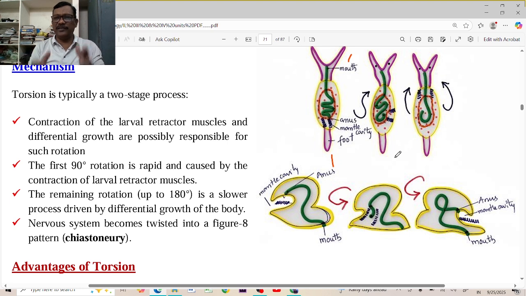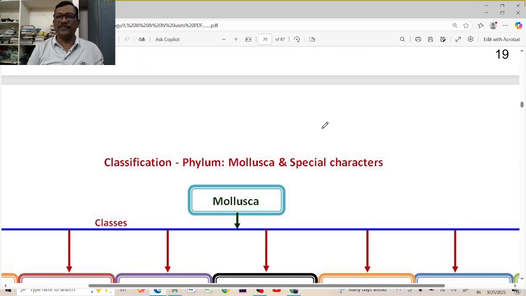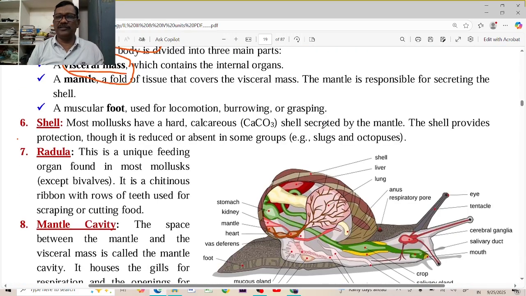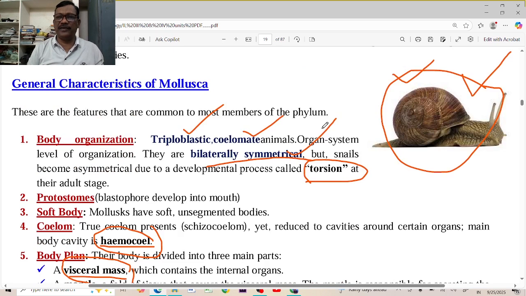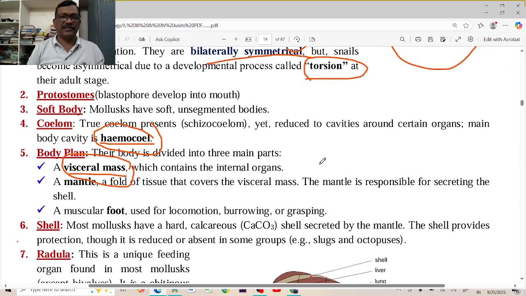The larva shows bilateral symmetry, but after some time, during the larval stage only, during the development of the shell around its body, it can bend its body to arrange it in the shell for protective purposes. That is called the torsion. In this torsion, the body is bent at a 180 degree angle.